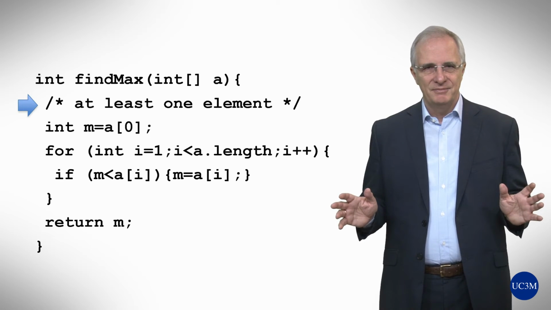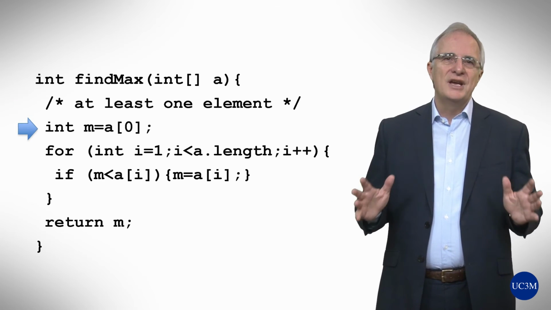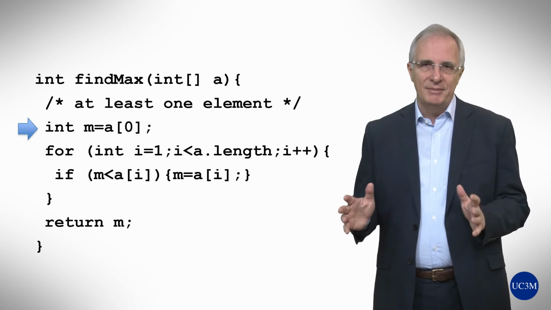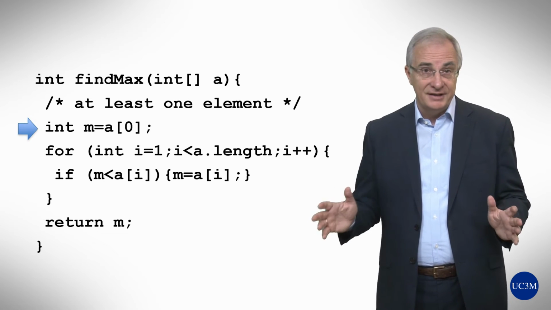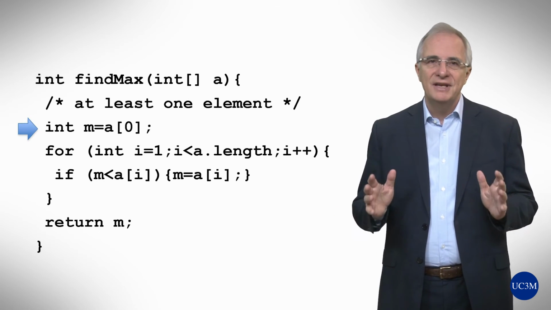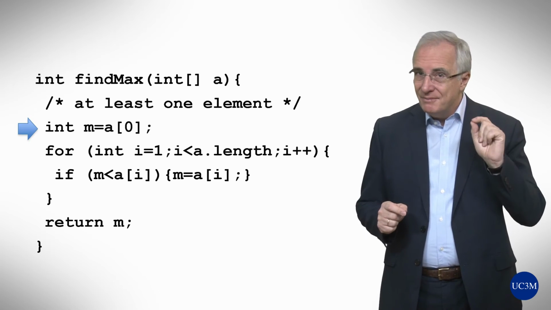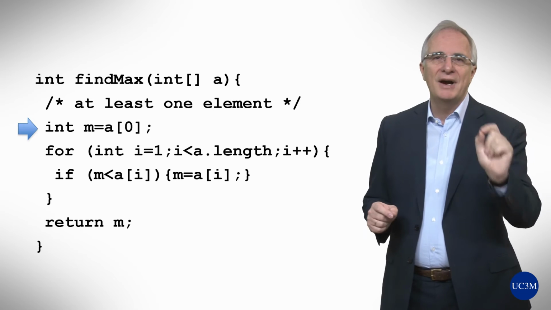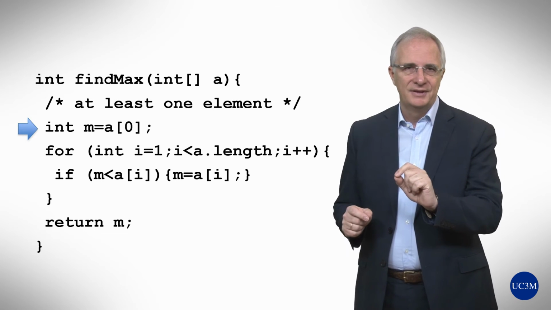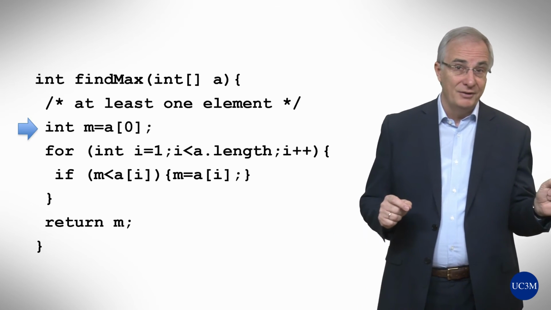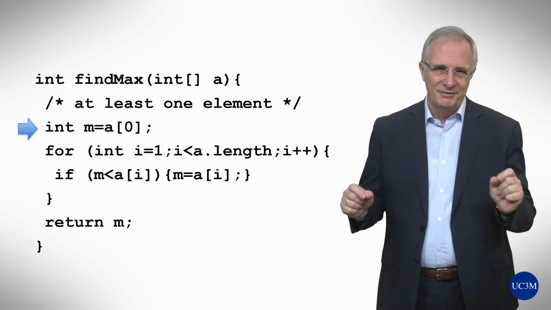This is not relevant here. So if we know that there is at least one element, a of 0 exists, and we might save its value in a variable m. m shall hold the maximum value seen so far. And since we have only seen one value, this is also the maximum value seen so far.